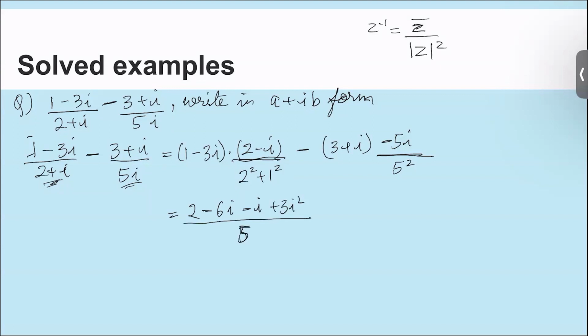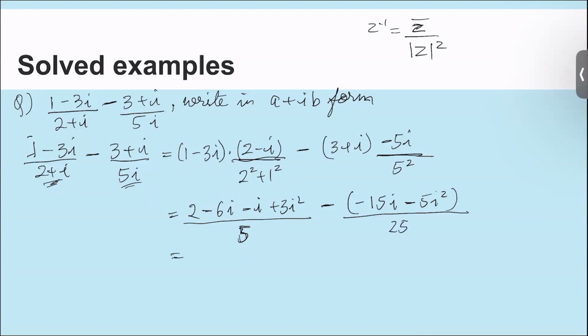Because 4 plus 1 is 5, and then over here you will get minus 15i minus 5i squared, and this you will be getting 25. So now simplify this again.